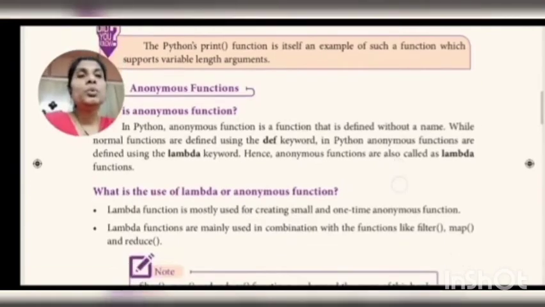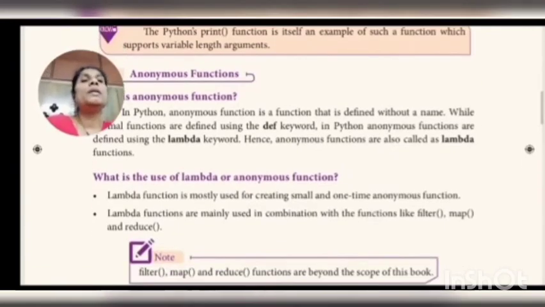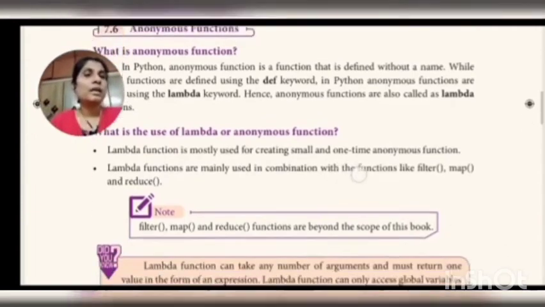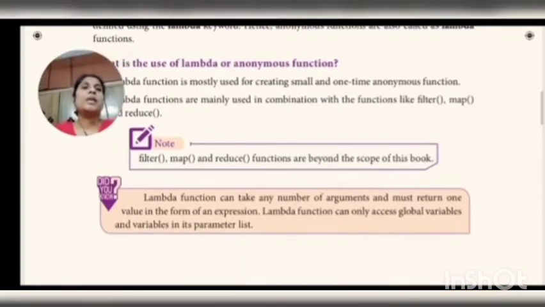So what is the use of lambda or anonymous functions? It is used for creating very small, one-time use functions, and they are mainly used in combination with functions like filter, map and reduce. Those functions also are not covered in this lesson.